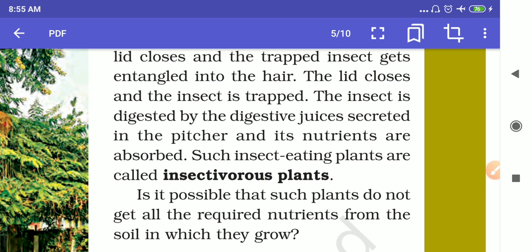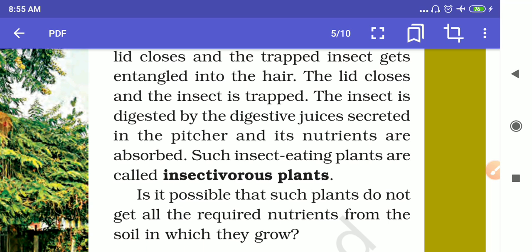Now you will wonder how they can eat insects. There are special structures in these plants to trap insects. And why do they eat insects?